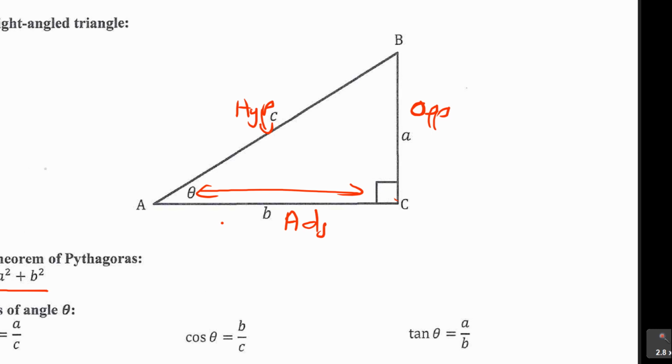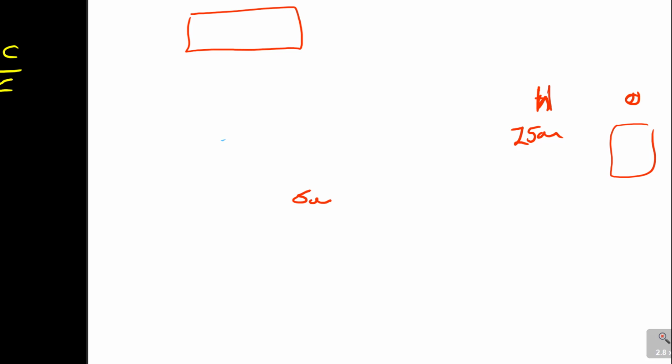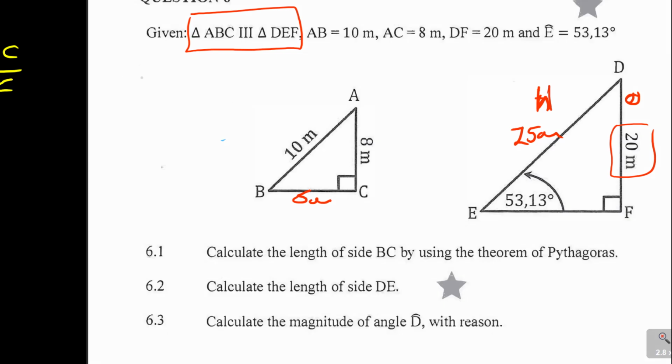So now I'm looking for the ratio that connects hypotenuse and opposite, which means A and C. Which one connects A and C? It's sine theta. So I could have come here and said sine theta is opposite over hypotenuse, and I've got my theta as 53.13.